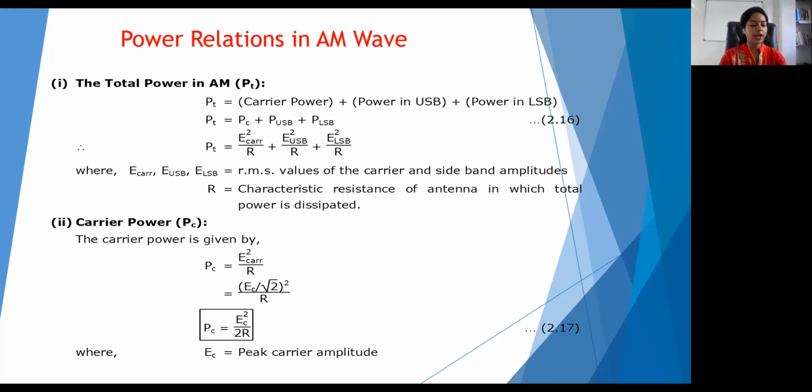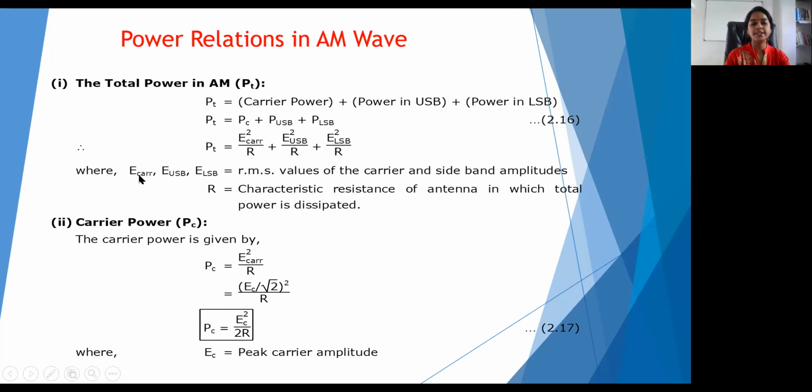So if you don't have a print screen option, or if you are not recording the presentation, just write down the formulas for calculations. So here is how the final formula will look: total power is equal to, this is E for carrier, this is for upper sideband, and this is for lower sideband.